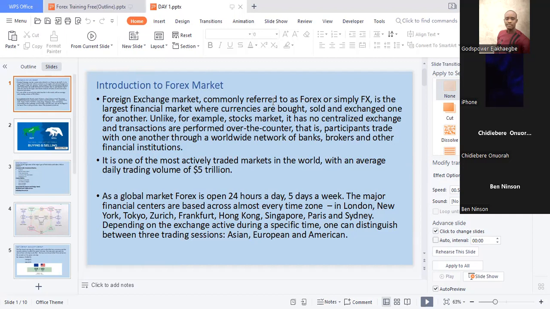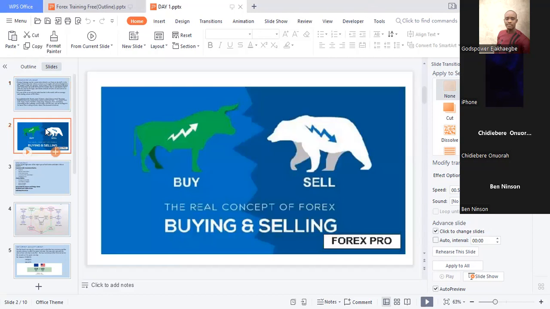How do you trade it? You trade in Forex by doing two major things: buying and selling. Let's proceed. What are the two things you do majorly in the Forex market?